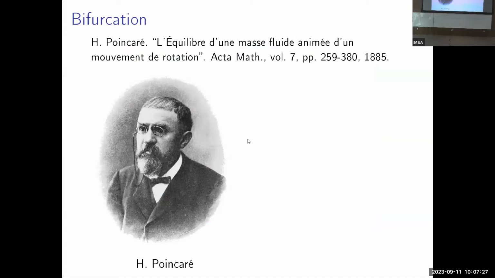So the term bifurcation was coined by Poincaré at the end of the 19th century in a paper which was published in Acta, the most famous journal, probably the first mathematical journal of all times. And this is the title of the paper.